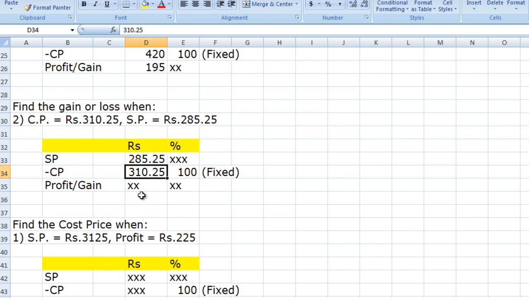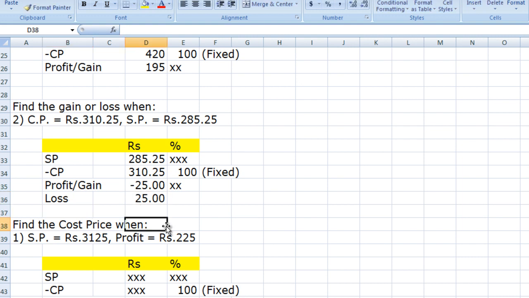Now we have to calculate profit or loss. So SP minus CP is minus 25 rupees. So minus represents loss. Therefore the loss for this situation is 25.